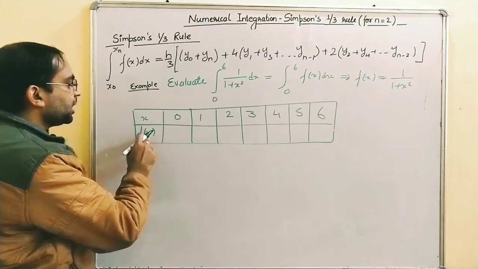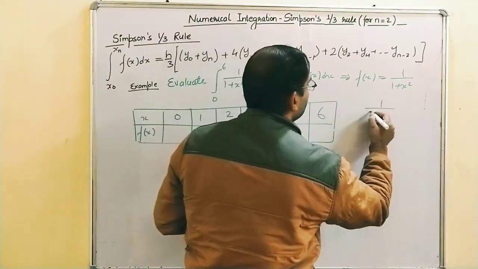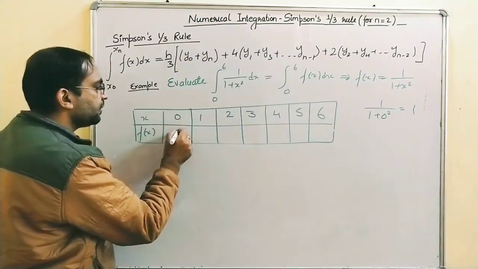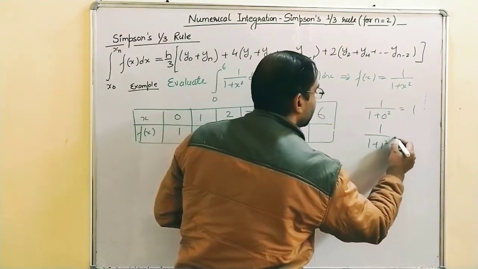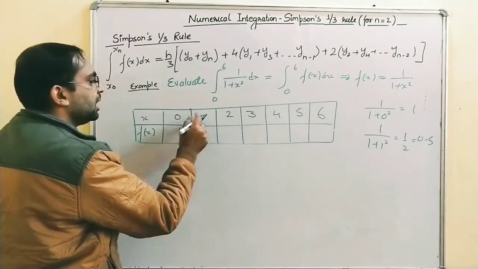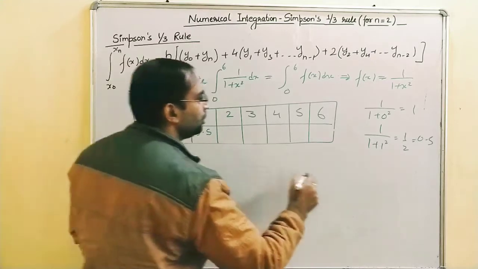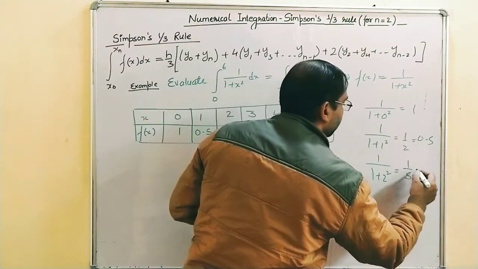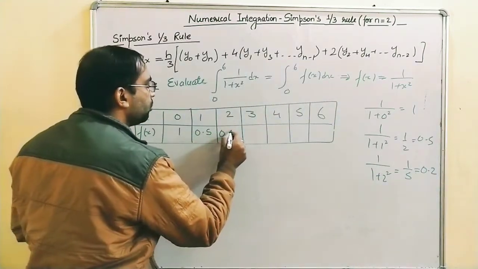Now we need to find out f of x for each value. At 0, 1 plus 0 squared, this will be 1. So at 0, f of x will be 1. Now at 1, this is 1 upon 1 plus 1 squared. This is 1 upon 2, coming 0.5. At x equal to 2, we have 1 upon 1 plus 2 squared, this is 1 upon 5, coming 0.2.